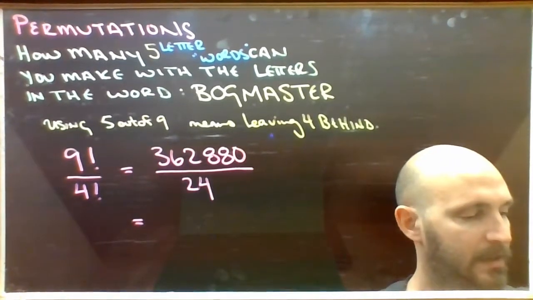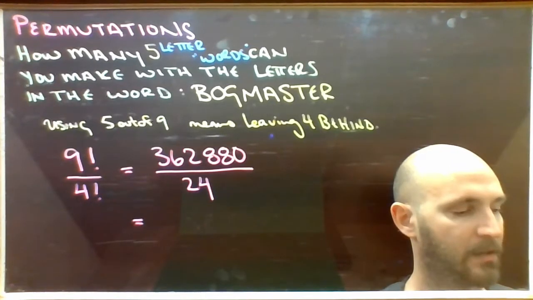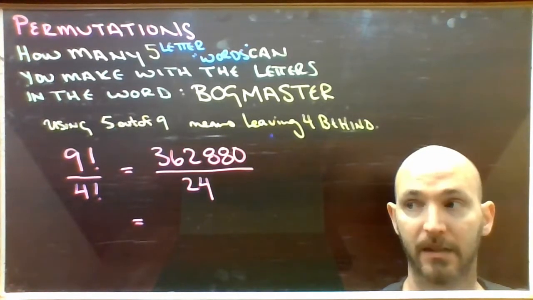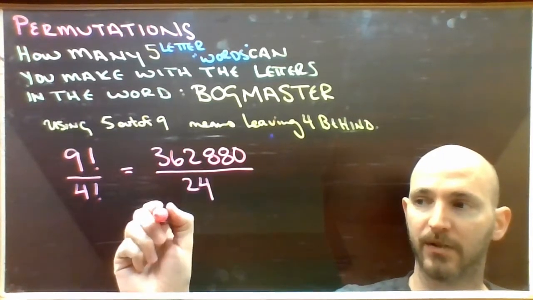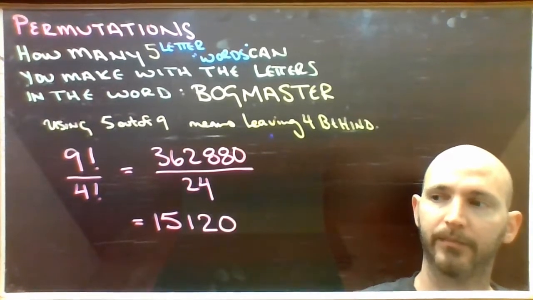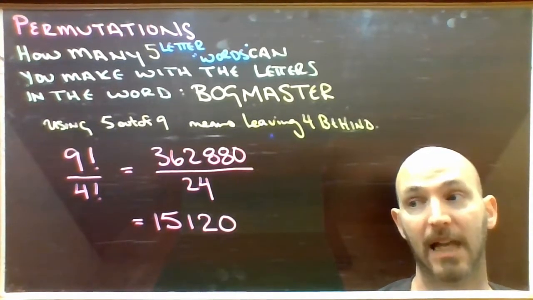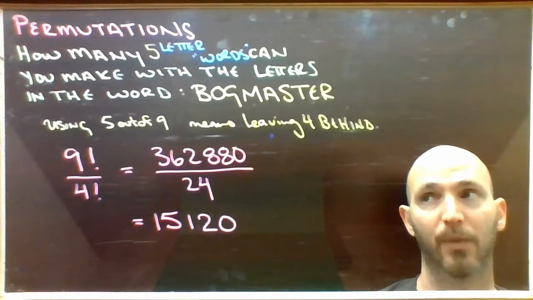So 362,880 divided by 24 is 15,120. So there should be 15,120 ways of selecting and rearranging only 5 of those letters.